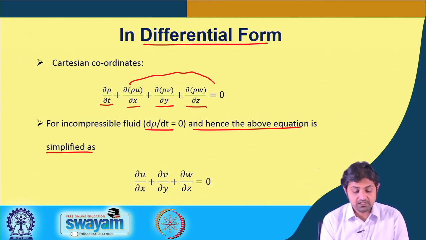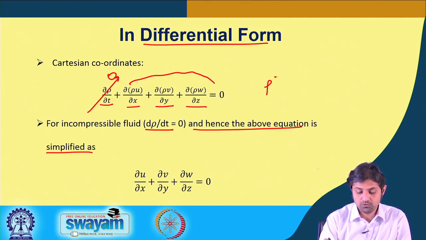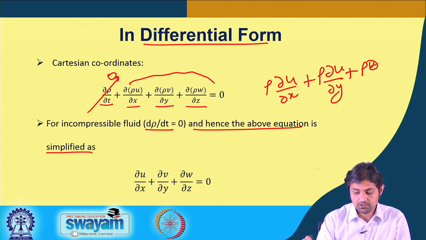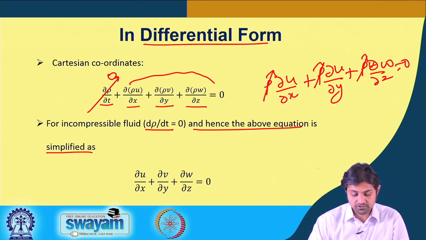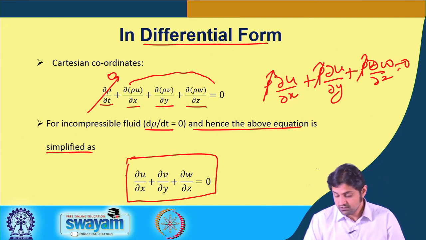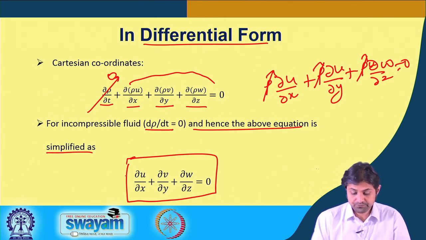Therefore, this term will go to 0 and rho will come out, so it becomes rho del u by del x plus rho del v by del y plus rho del w by del z is equal to 0, and if rho is not equal to 0, it can be cancelled from both sides. So, this is the continuity equation in the differential form.